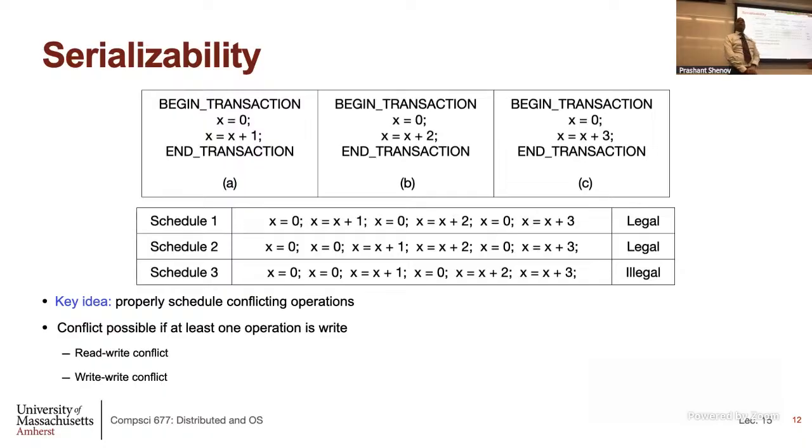Yeah. So the second case, the question is interesting to look at. In the second case, you will see that the interleaving is not actually sequential because you have x is x plus 1 and x is x plus 2. So you have actually gone off, become a little inconsistent, but that should not matter, because what matters is what comes at the end. You are not worried about what happens in the middle.